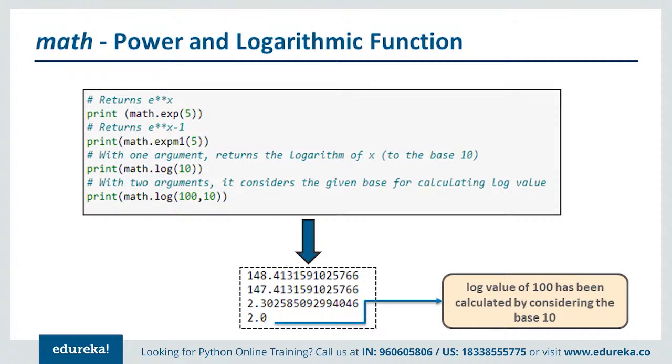Depending on the arguments, you can see that the same log function is used in two ways: in one we are not specifying the base, and in the second we get the value calculated for 100 depending on base 10. This is how we can get all the values extracted and implemented. So these are some of the power functions we can use.